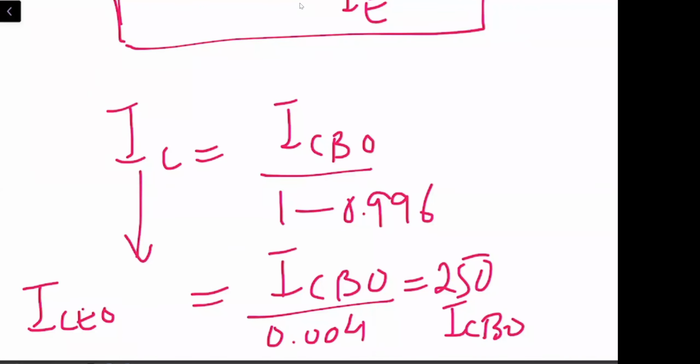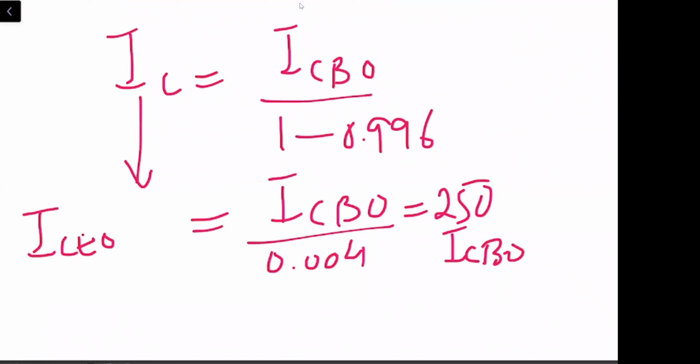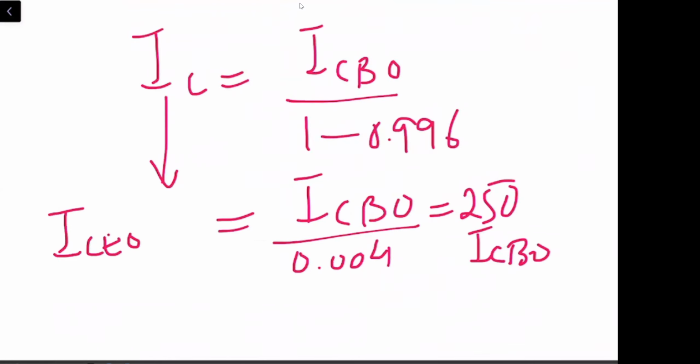So it is ICBO divided by 1 minus 0.996, and if you do the manipulation, this will be equal to 250 times ICBO. But this IC value is now being called ICEO, because it is that current which is flowing in the collector emitter junction when the base is open, right?